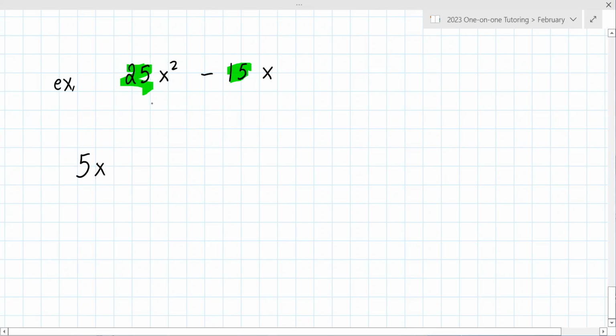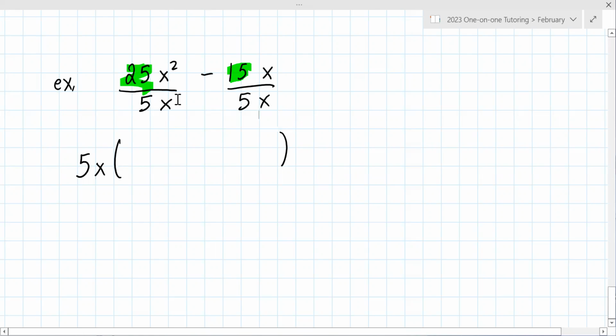Okay. So notice, and we've done this every time, we take what's outside the parentheses and we're dividing each of these by 5x or whatever it is that's outside parentheses. So help me out here. What is 25 divided by 5? 5. Okay. And what is x squared divided by x?